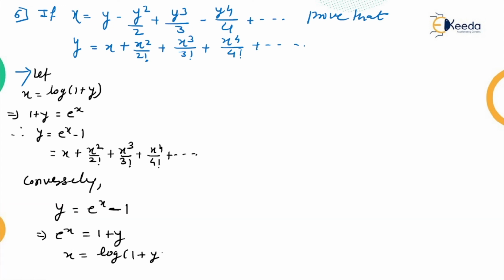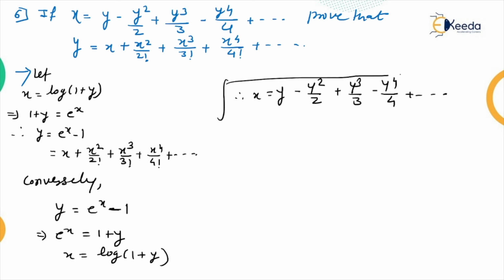Now you know the series expansion of log of 1 plus y. So clearly we get x equals y minus y square divided by 2 plus y cube divided by 3 minus y raised to 4 divided by 4 plus and so on.